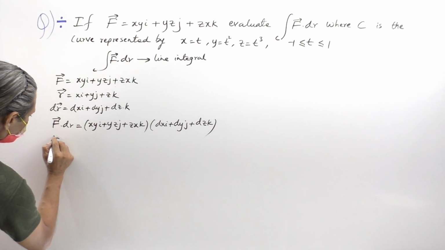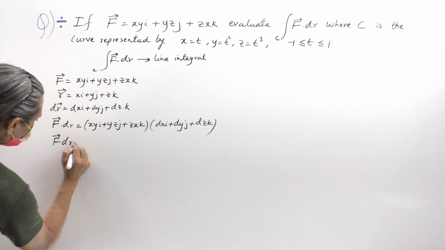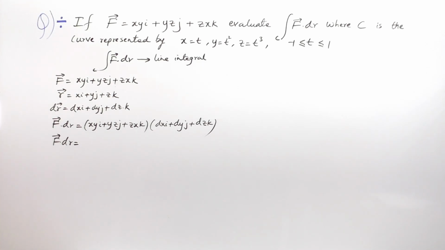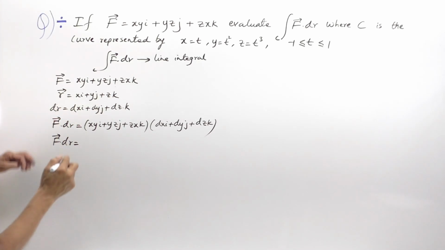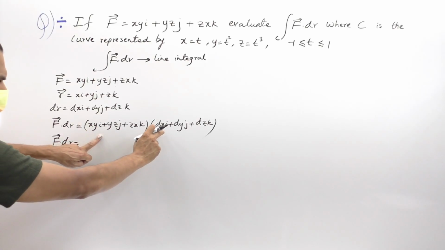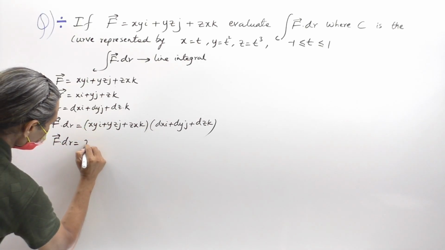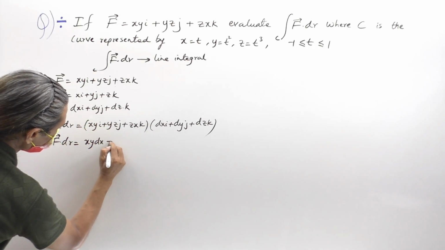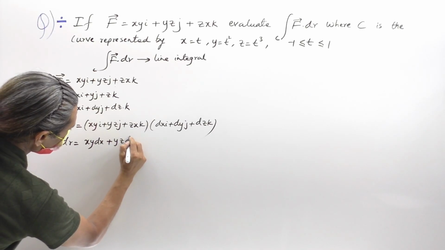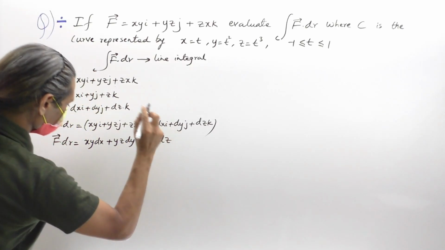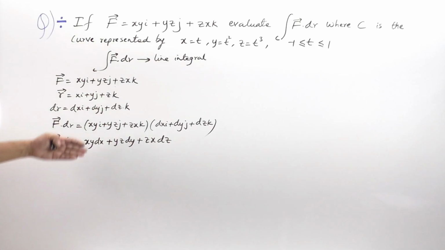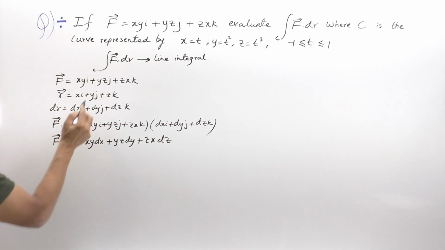So we have f into dr equals, what's that? Okay, f into dr equals xy dx plus yz dy plus zx dz.